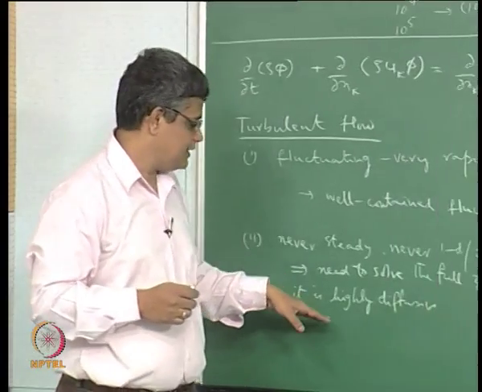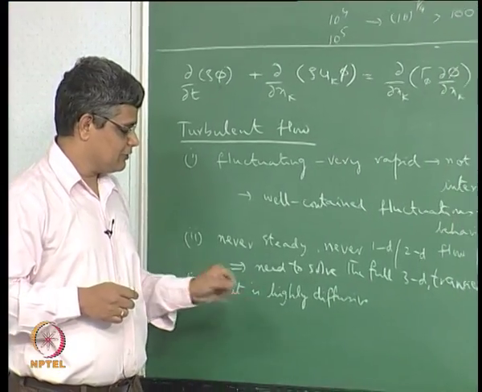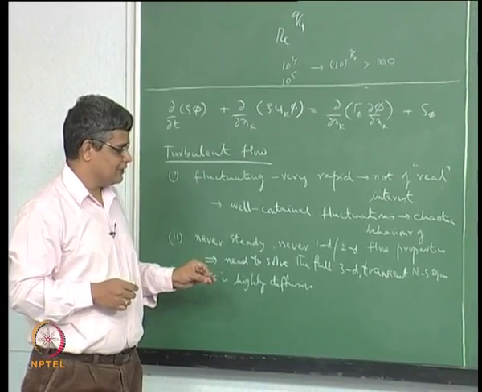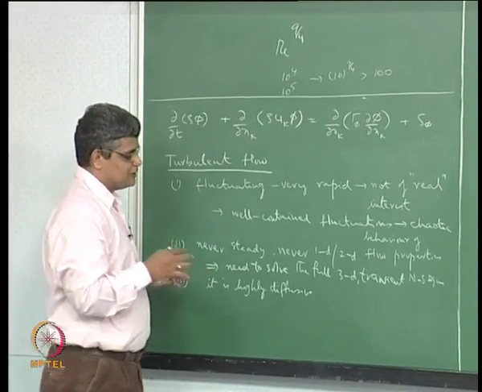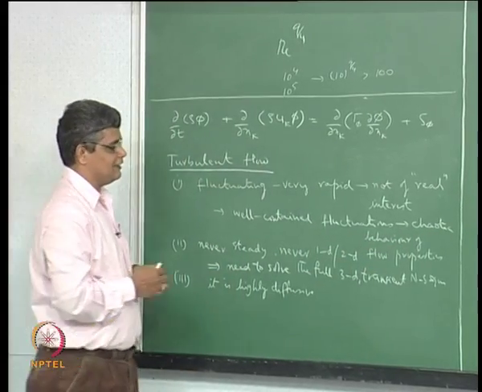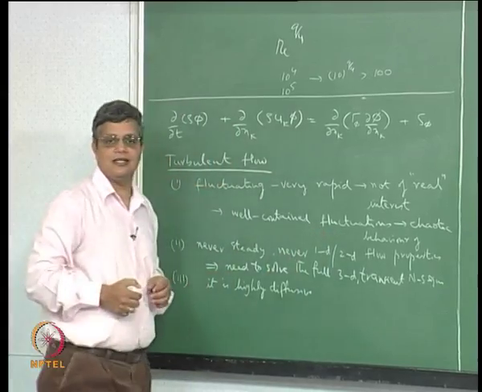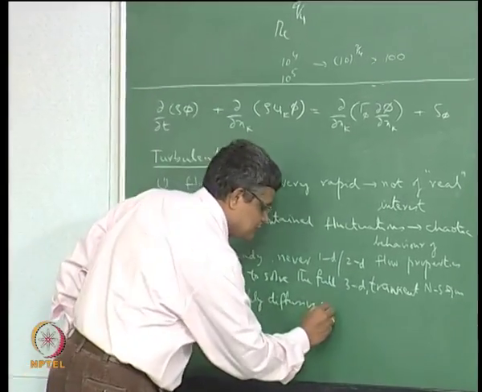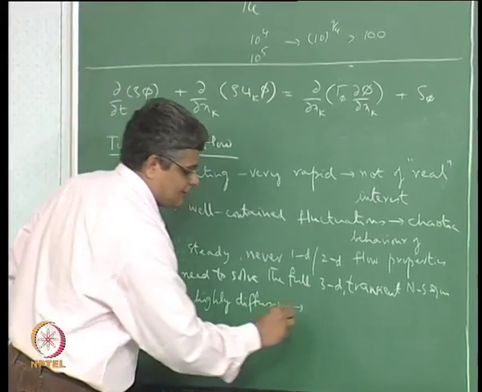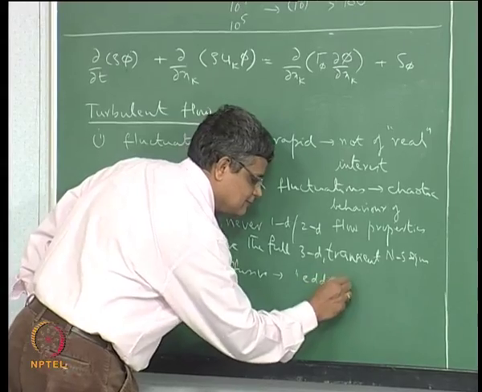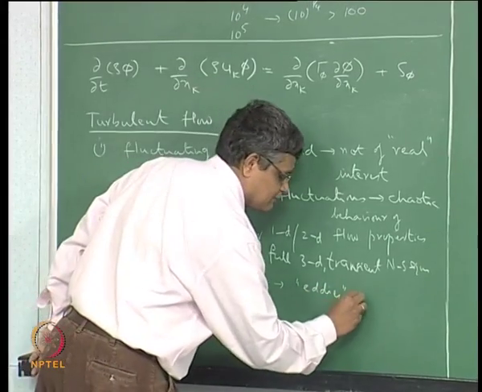So this highly diffusive nature is also related to the structured chaotic behavior, structured madness in the fluctuations that we see. So this is closely related to the fact that we have lots of eddies in turbulent flow.